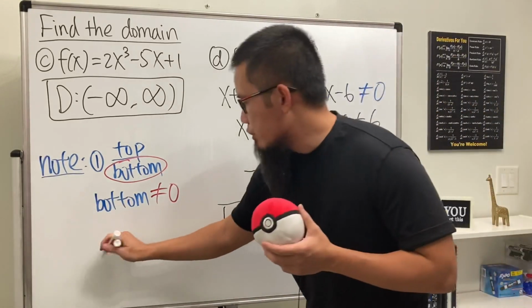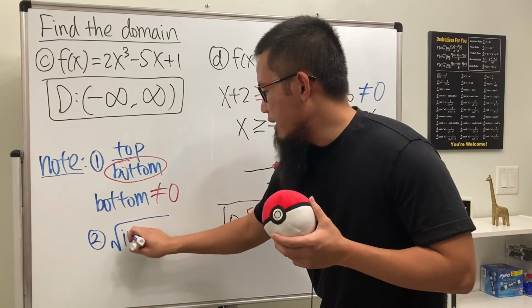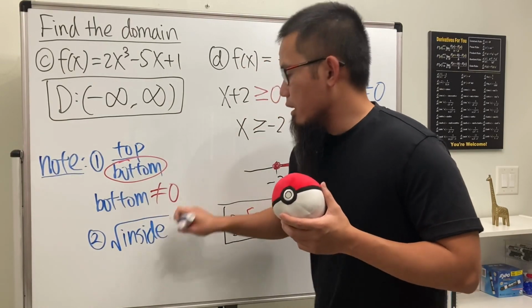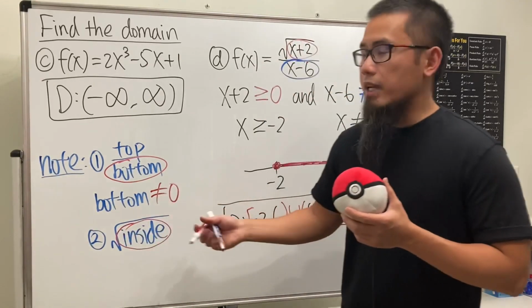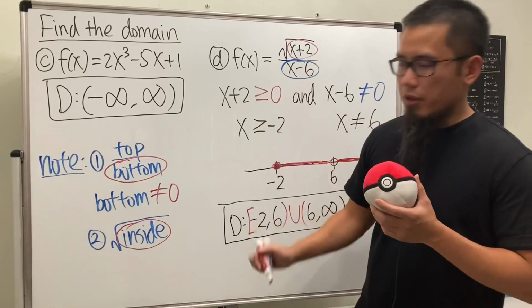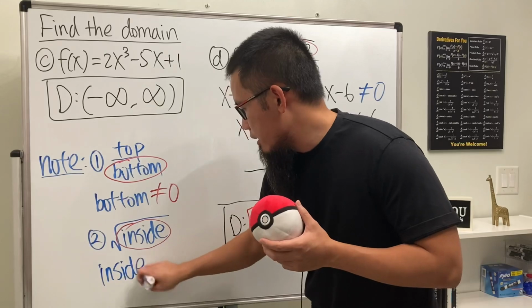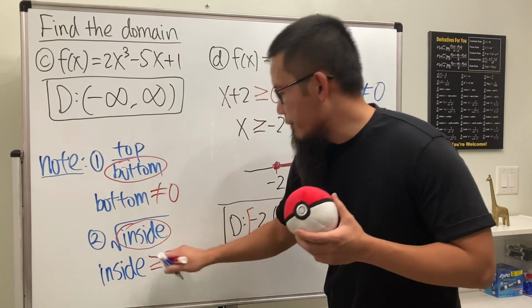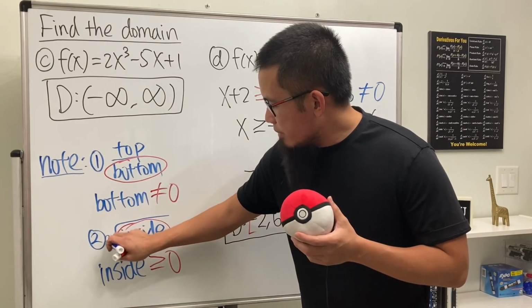And the second situation that we saw is that when we have a square root, if we have x inside, well, we will just have to make sure that the inside is greater than or equal to 0, just like what we did right here. So let me just put that down real quick. Inside has to be greater than or equal to 0. And in fact, for this right here, it's any even number root.